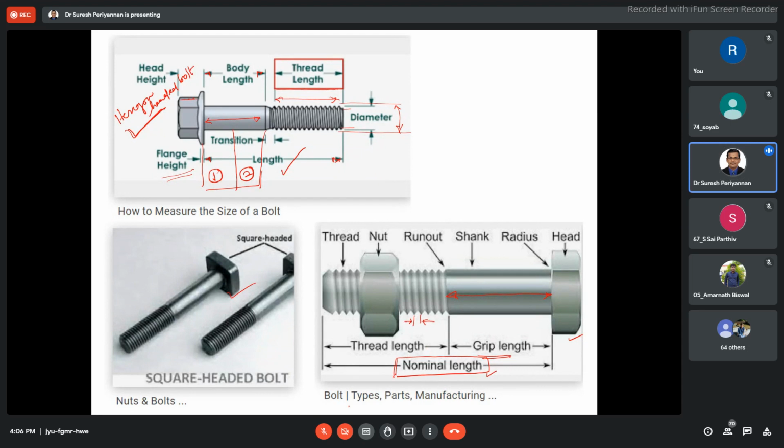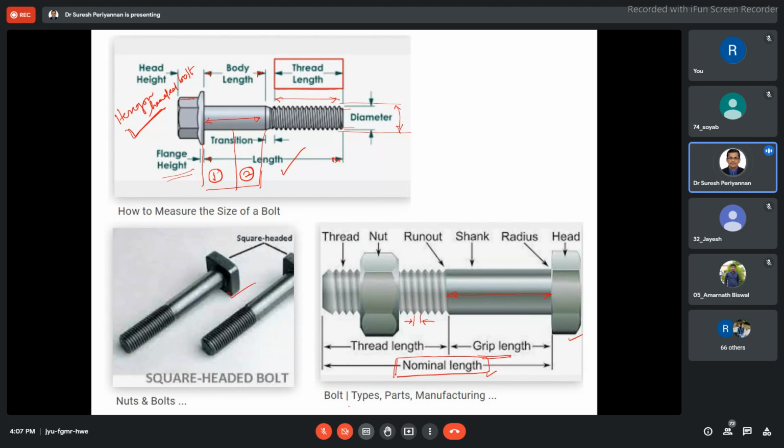I have already seen 0.5 mm and 0.25 mm pitch threads. When you go for a 0.5 mm or 0.25 mm pitch thread, smooth action and high accuracy can be achieved. While gripping the component, we can apply torque with high accuracy through the bolt head or nut.